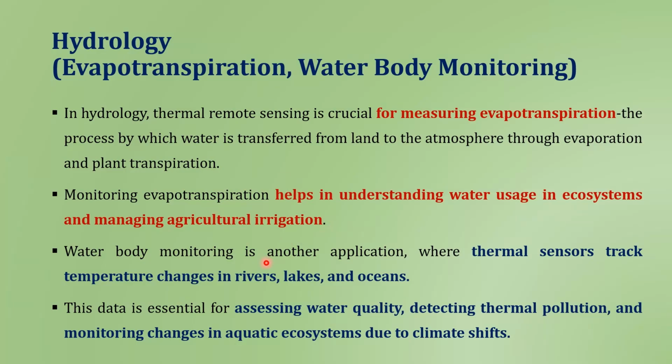Thermal remote sensing can also provide us data about the temperature changes in rivers, lakes, and oceans, and this data is essential for assessing water quality, detecting thermal pollution, and monitoring the changes in aquatic ecosystems due to the climatic shift.